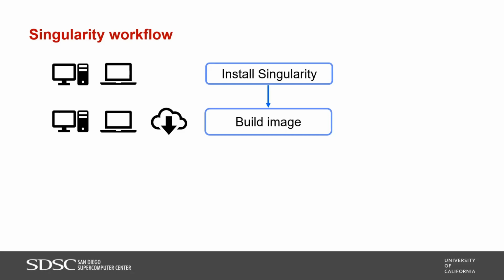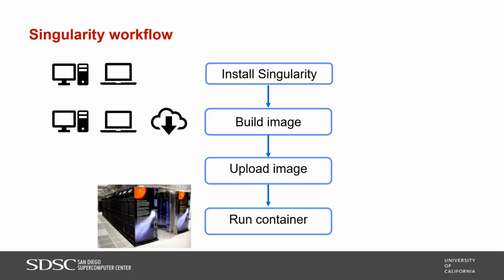Once we build the image, we can upload it to the supercomputer cluster, like TACC, and then we run the container to use our software, or to run some simulations, or execute some code, some task you're doing every day on the cluster.